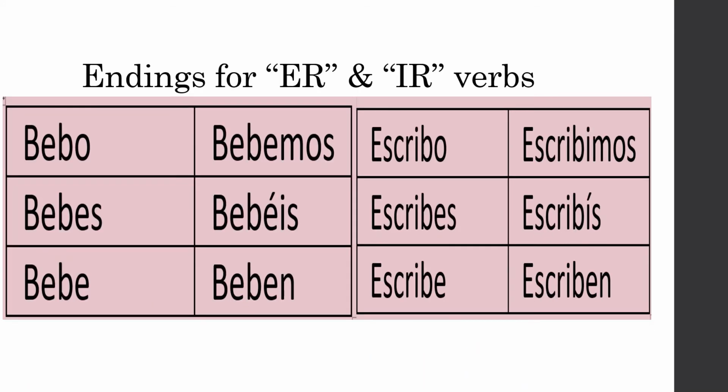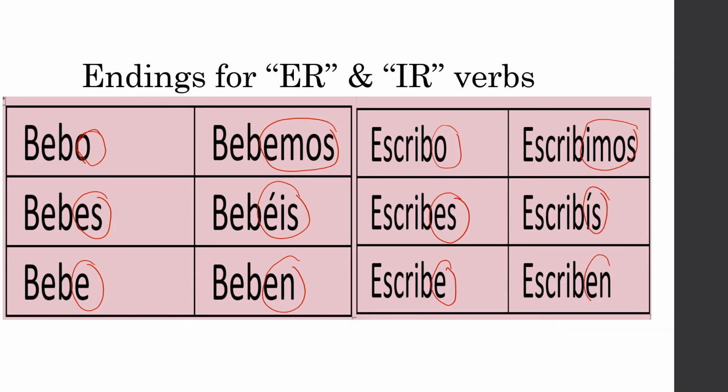If you look at the endings for ER and IR verbs, you will notice that they're very similar. We've got o, es, e, emos, éis, en. And then we've got o, es, e, imos, ís, en.